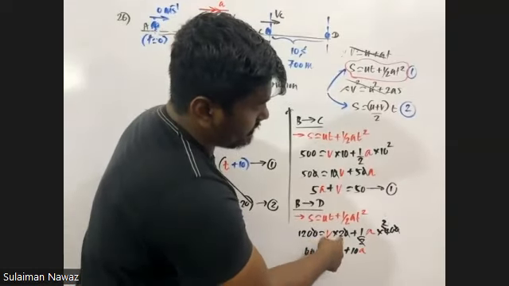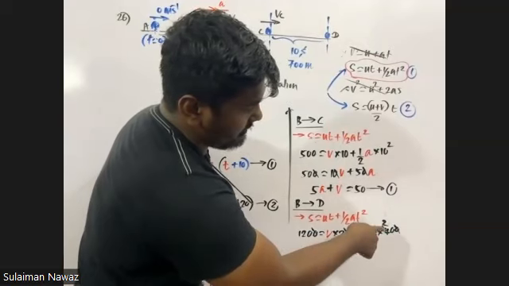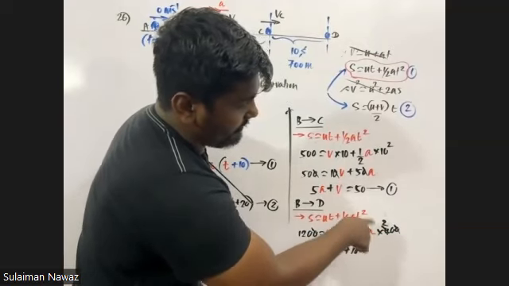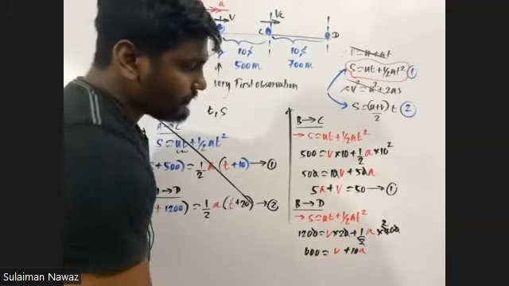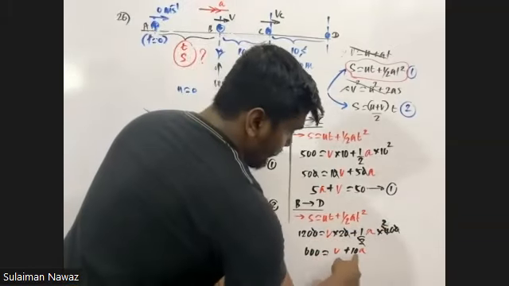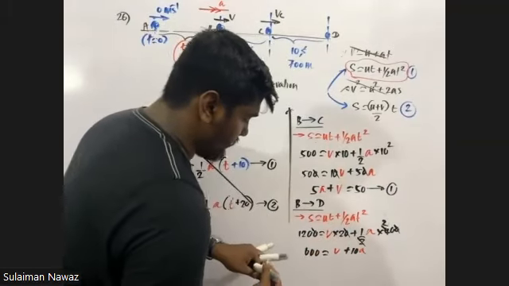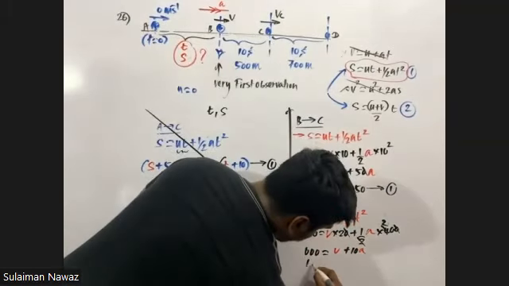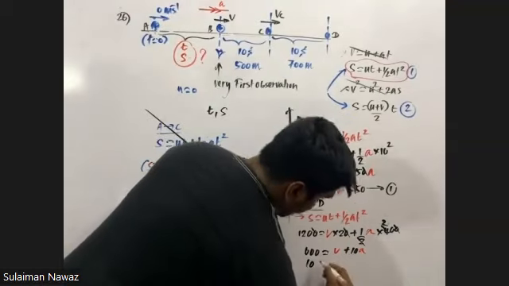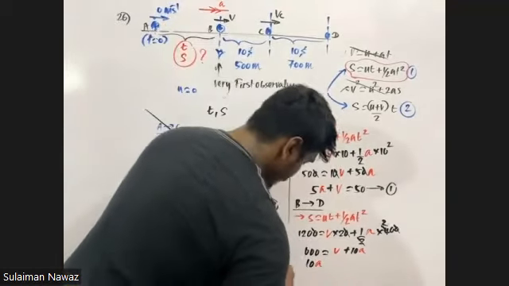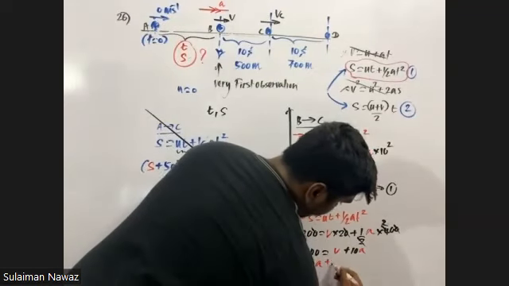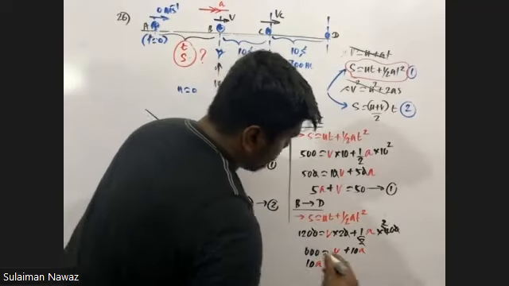Yeah, 20 means, if I cut all these, if I divide by 2, that's 20. Then I can say that 10A plus V equals 600.